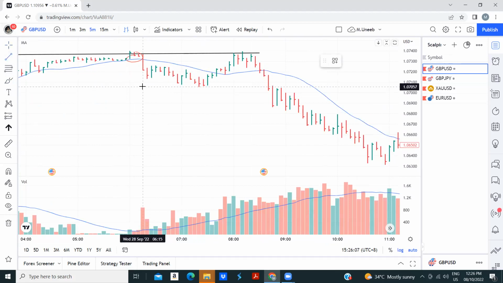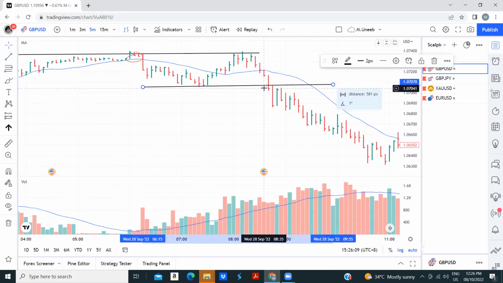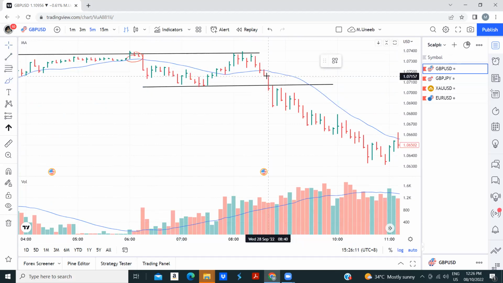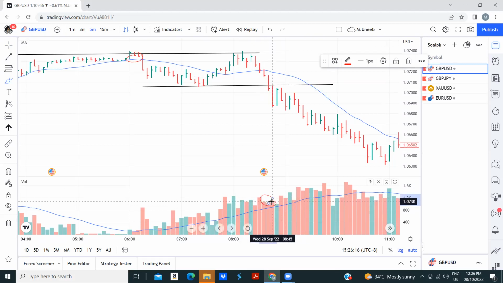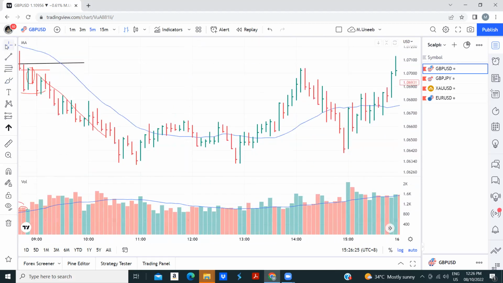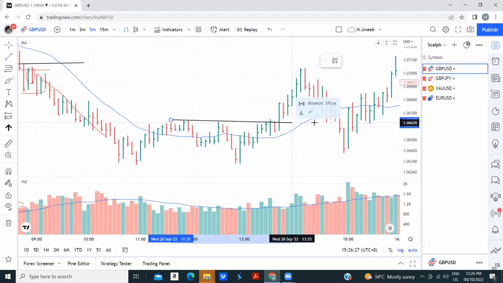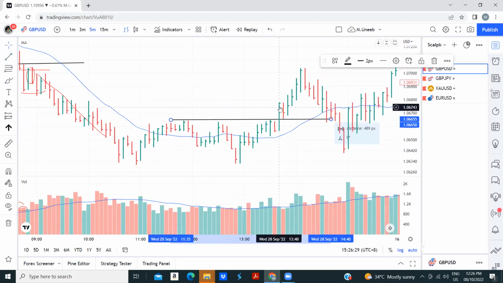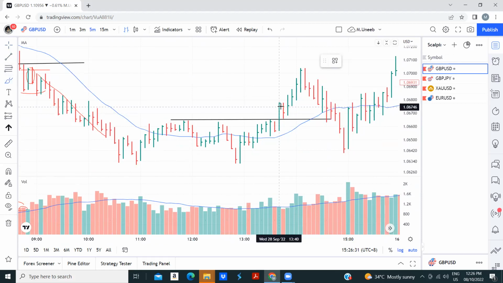Now, if you just draw this line here as well, let's suppose we have this range here. What happens here? Increasing volume. Yes, we do have increasing volume here, and the price makes this volume as well. We have a clear downtrend here. Got it? Now see here, once we broke this high, the volume does not increase here, but as we go up here, the volume picks up again.